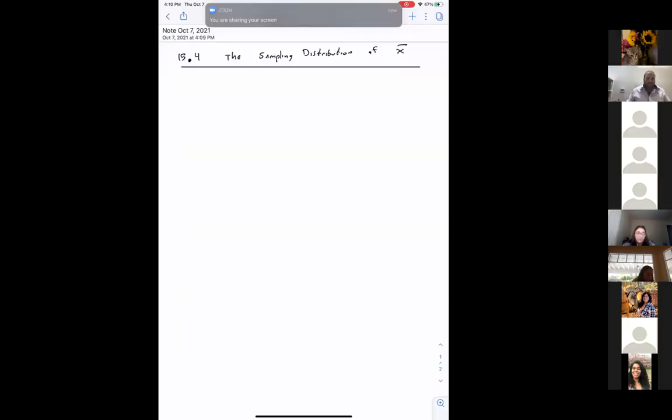Okay, so 15.4, the sampling distribution of X bar.